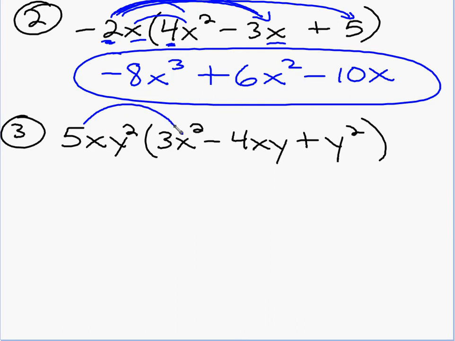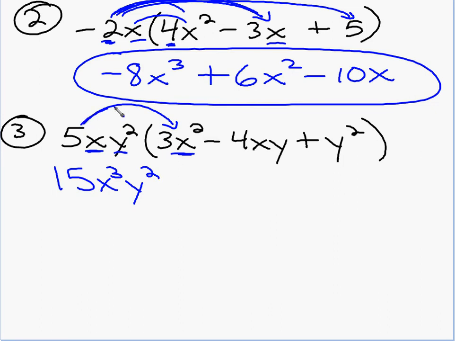So when I distribute to this first term, I multiply the 5 and the 3 first. I get 15. And what is x times x squared? X to the third. The y squared, there's not another y, so it just comes along for the ride.